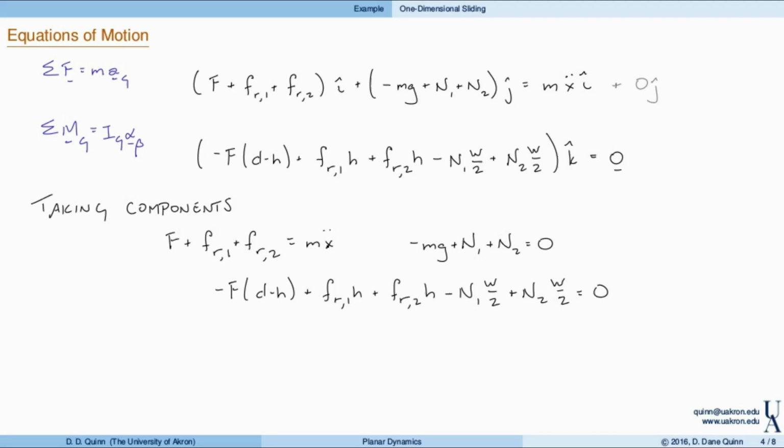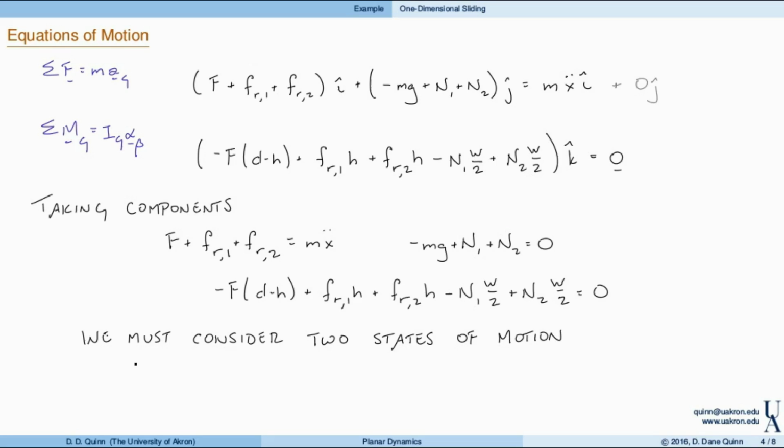Now, friction has two cases. One of them is stick and one of them is slip. So we must consider these two cases separately, or we must consider these two states of motion.